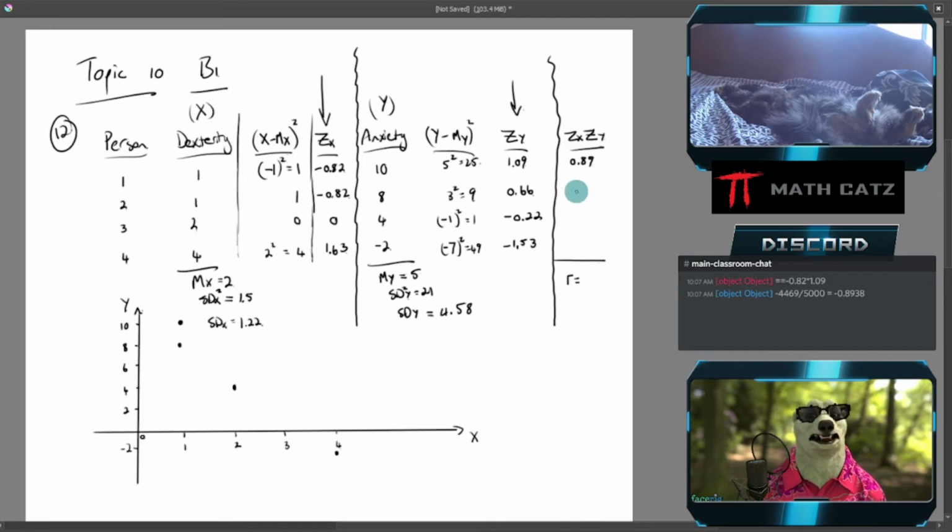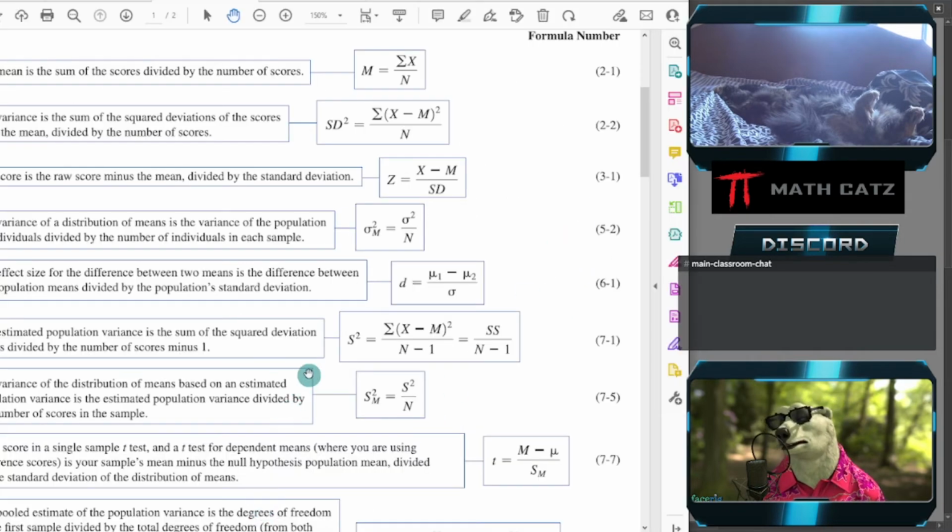All right, so let's again pause if you need to and see if you get the next three as negative 0.53, 0, and negative 2.49. Now we're going to calculate, we're almost at the end now.